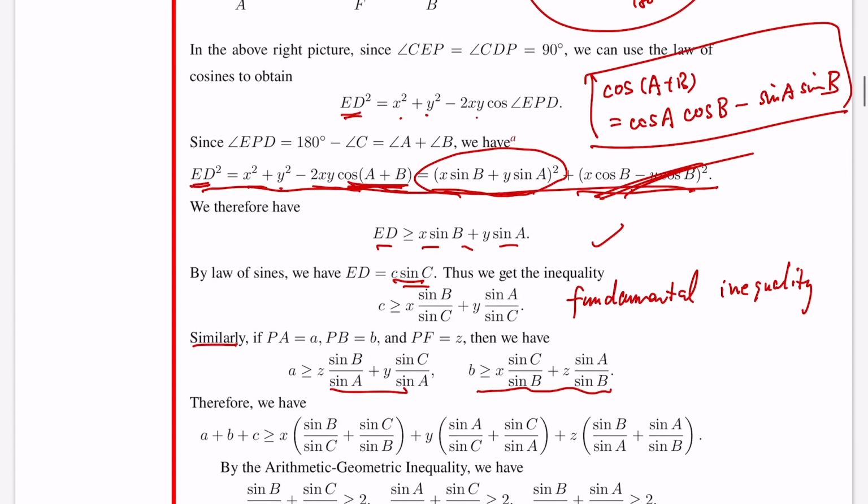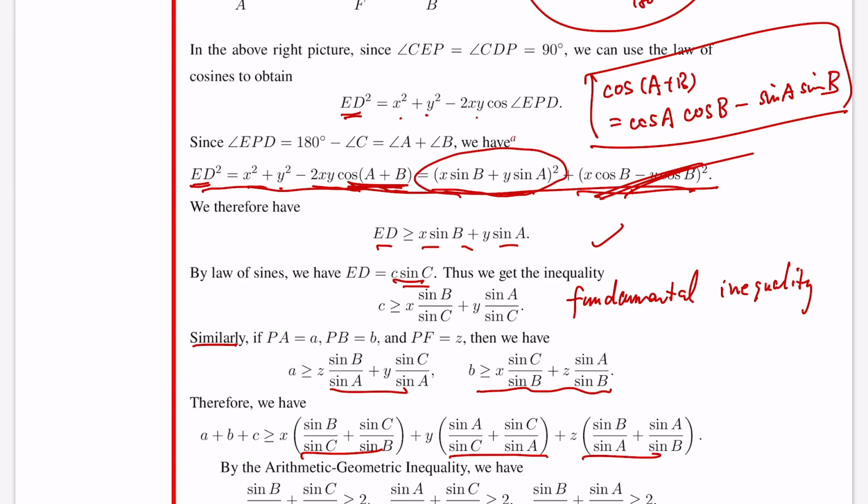And so therefore we have a plus b plus c, basically adding up the right-hand sides we obtained. Each right-hand side contains 2 terms, so putting them together we have 6 terms, and we factorize the common factors, and we get these 3 terms.